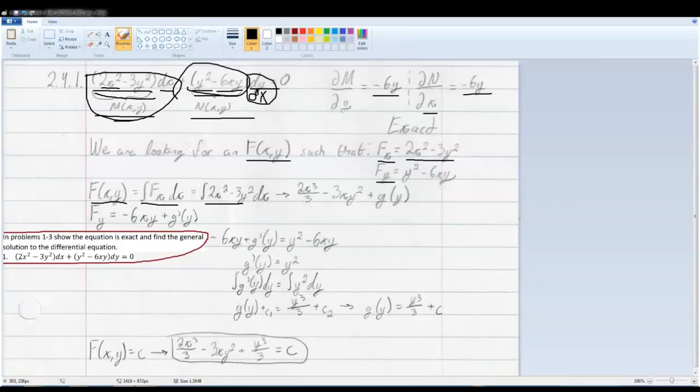Now you can actually do this the other way. You're going to do the integral of f sub y dy equals the second term dy. And so taking the integral, we get this.